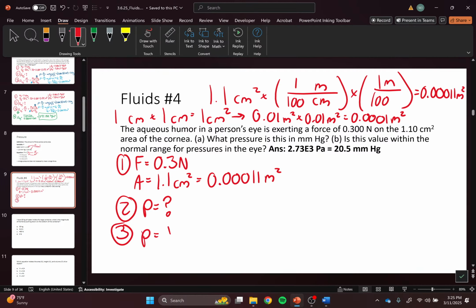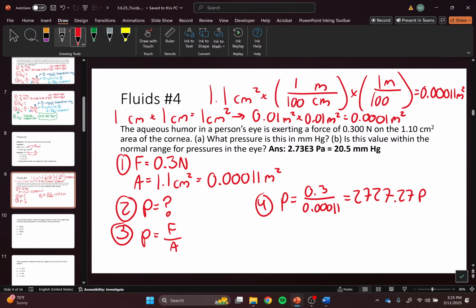Great. Pressure equals force over area. Step 4. Pressure is going to equal 0.3 divided by 0.00011. Now the unit that this is going to spit out is not millimeters of mercury.